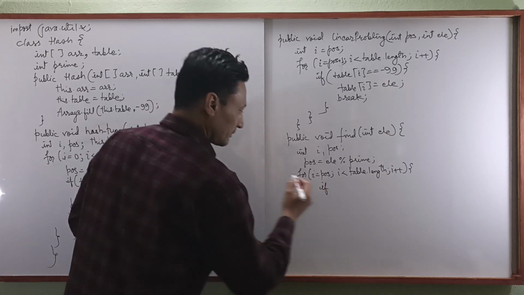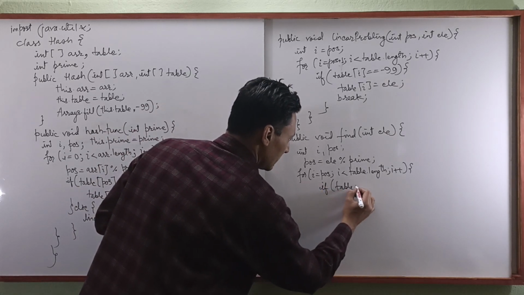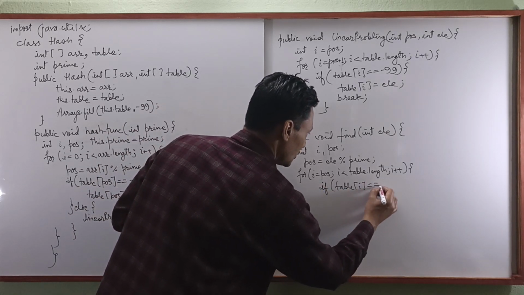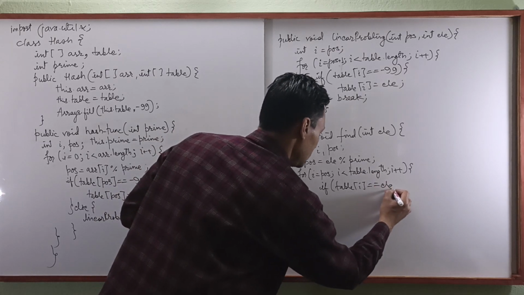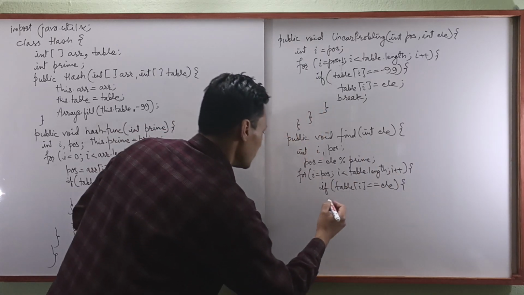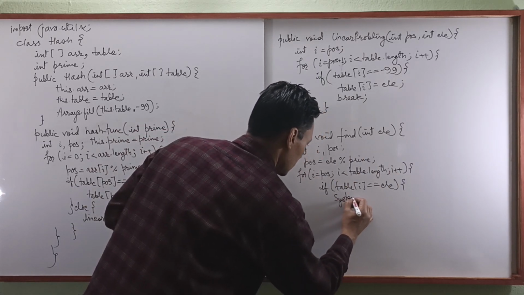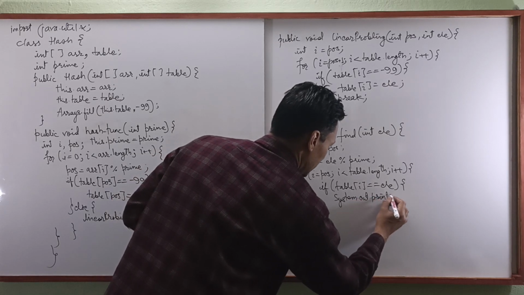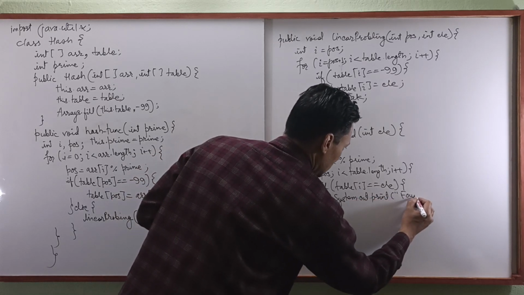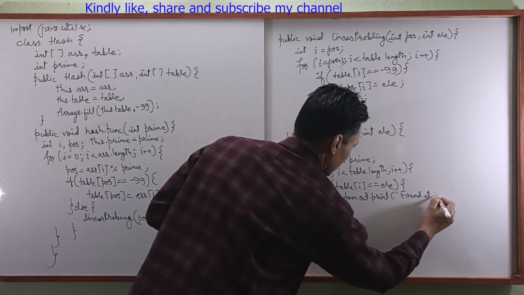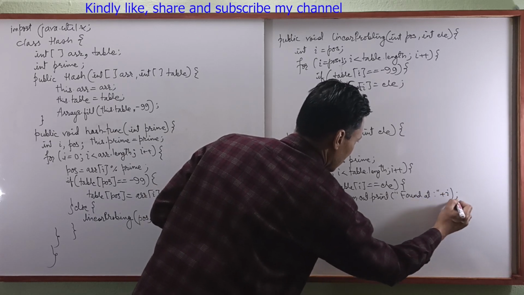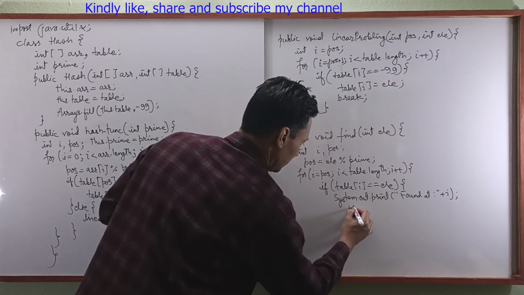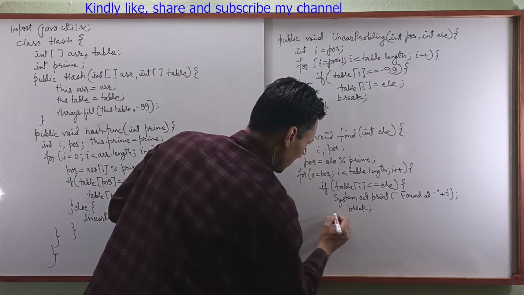If table i is equal to element, then simply I will display a message here: System dot out dot print found at, then specify the position. Okay, simple. And if we found it, we will have to break this loop.